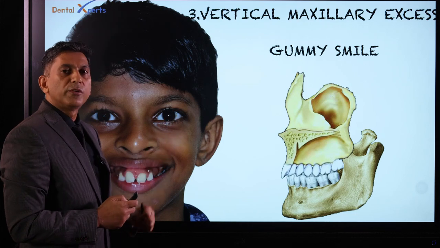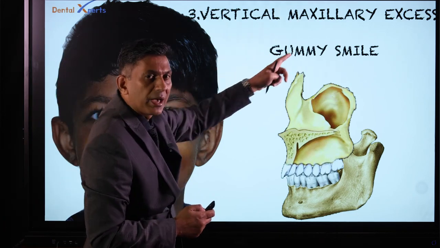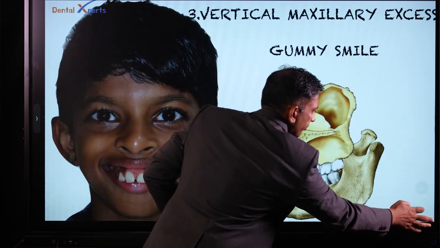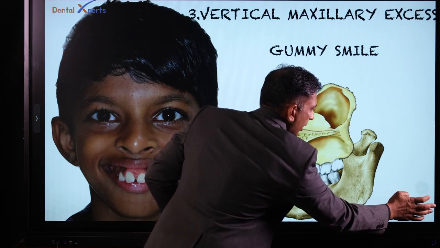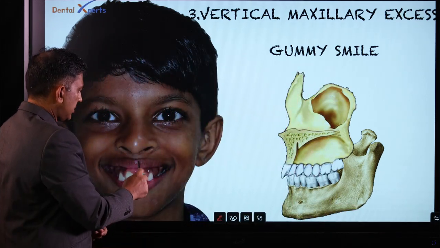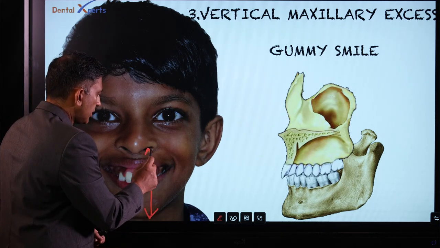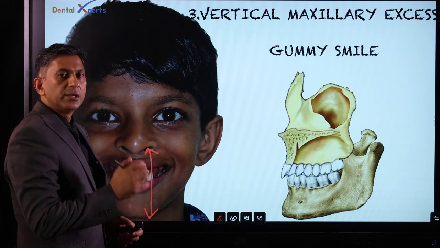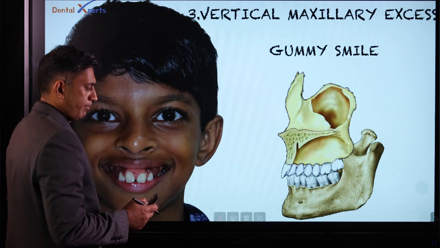The third component of skeletal class 2 is when we have vertical maxillary excess. What we commonly find is that with vertical maxillary excess, we get an increased lower anterior facial height with gummy smile, which again is treated with the help of orthopedic appliance, that is the headgear.